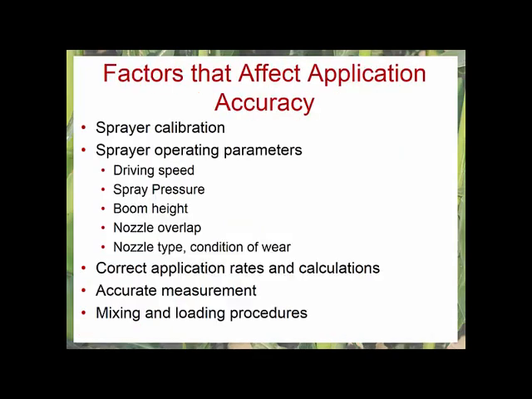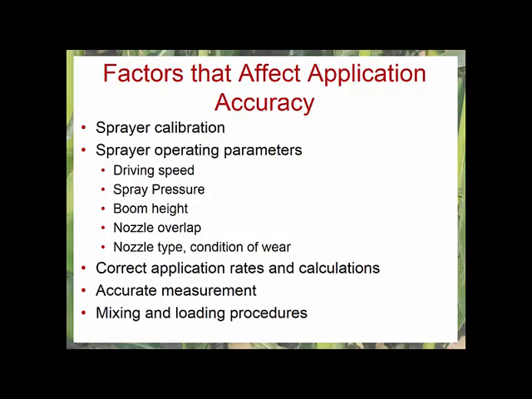There's a number of factors that affect how accurate you are with your rates. We're going to talk about these throughout this presentation, but to summarize, sprayer calibration is very important, and also that your sprayer operating parameters, your sprayer setup, is correct.